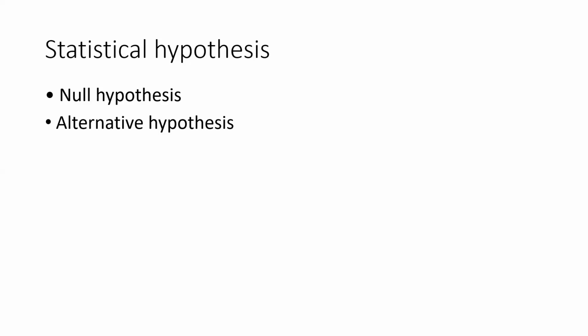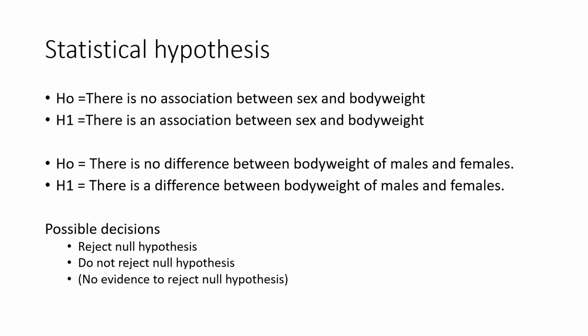So in a study, what we are trying to do is see whether this null hypothesis is true or false. For this purpose we use statistical tests. These are two examples for null hypothesis.